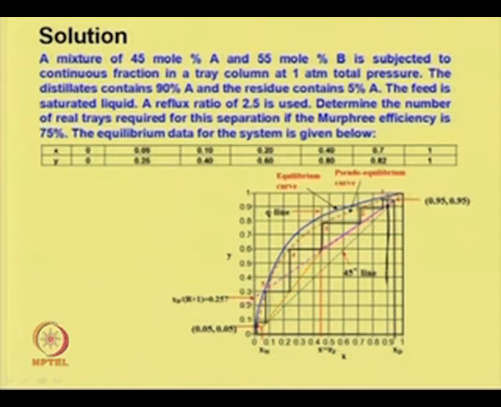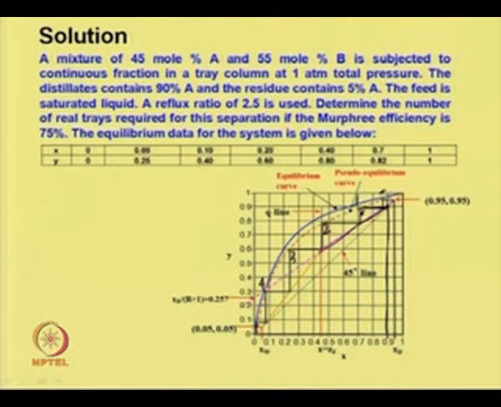from this line and if we plot the staircase construction from this point, so the number of stages would be 1, 2, 3 and this is 4.